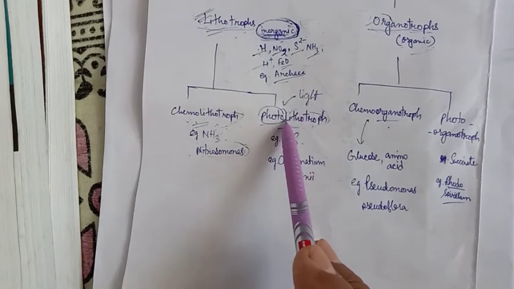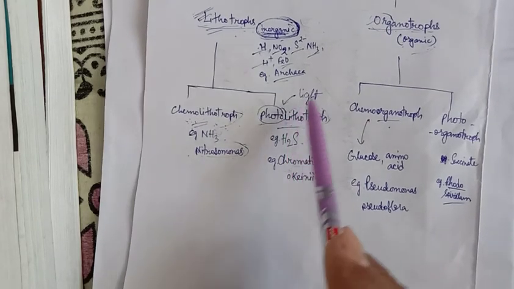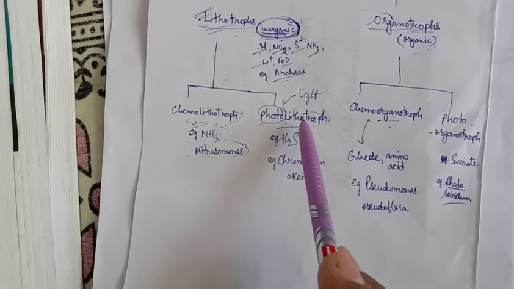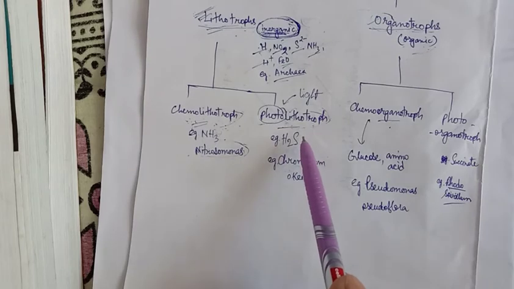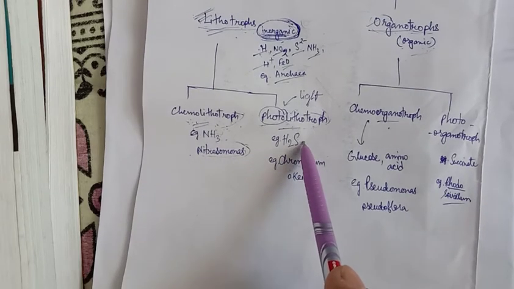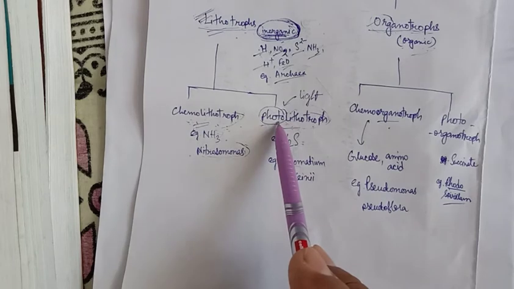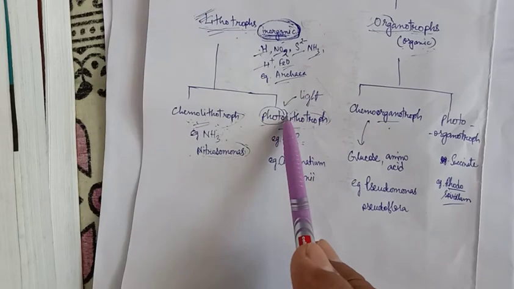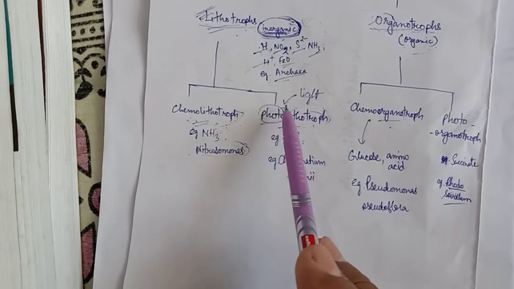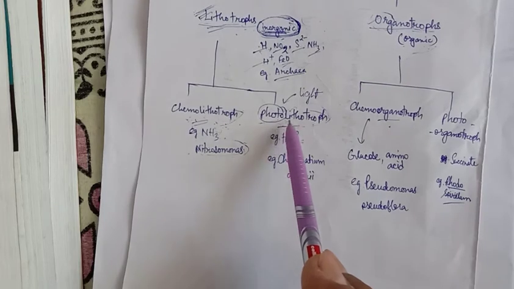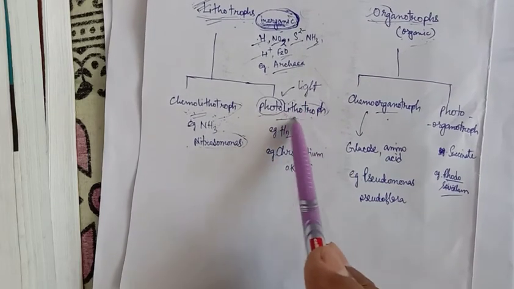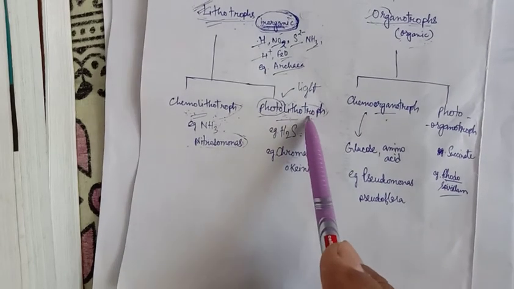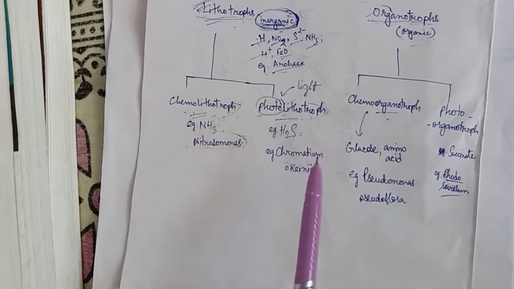So these organisms gain energy from light and use reduced inorganic compounds such as H2S as a source of electrons. As it is lithotroph, you have to say reduced inorganic compounds such as H2S as a source of electrons.